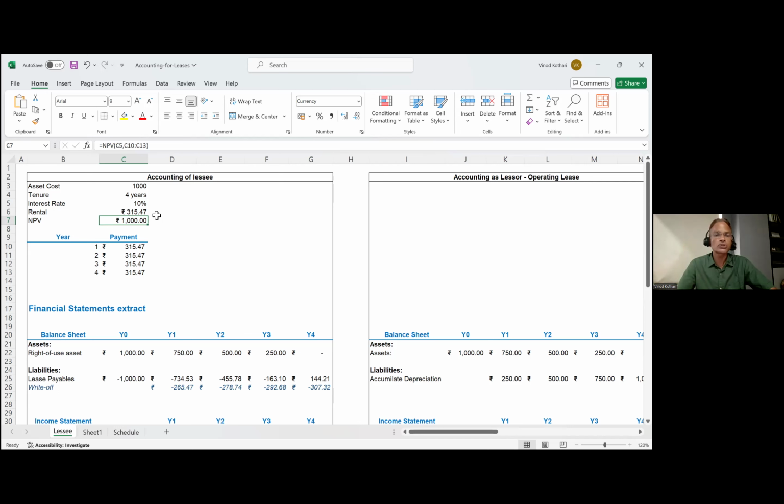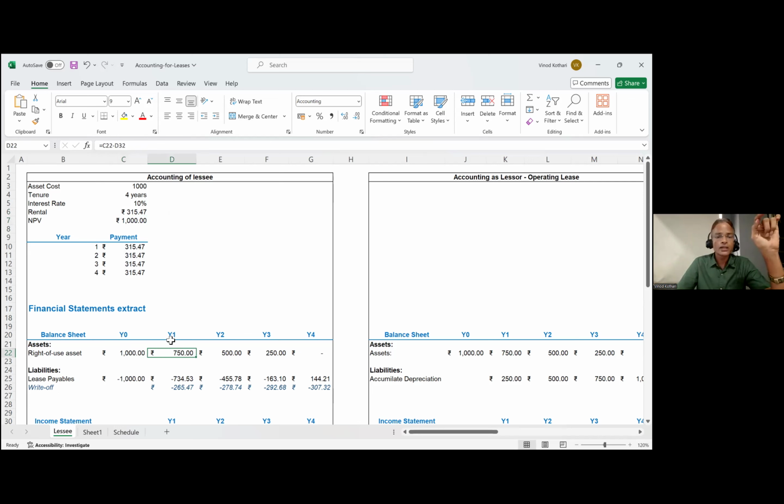Therefore, the rental amounts to 315, and the present value of the minimum lease payments exactly amounts to 1,000 rupees. Therefore, the PV of rentals, which is equal to the value of the OTP liability, which is also equal to the value of the ROU asset, are all 1,000 at the inception of the contract. So that's how the value becomes 1,000 at year 0.